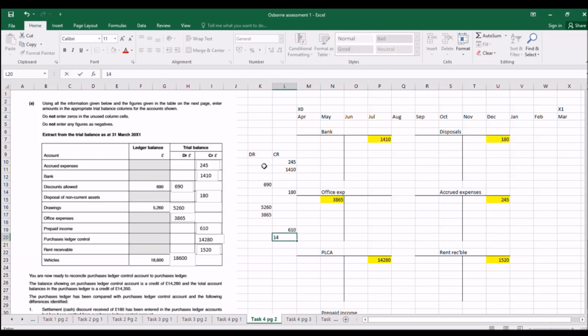It's entirely possible that the rest of the question might have some form of suspense account, so we'll see what happens here. So at least we'll have a good idea about what's going to come up. And let's add that up.